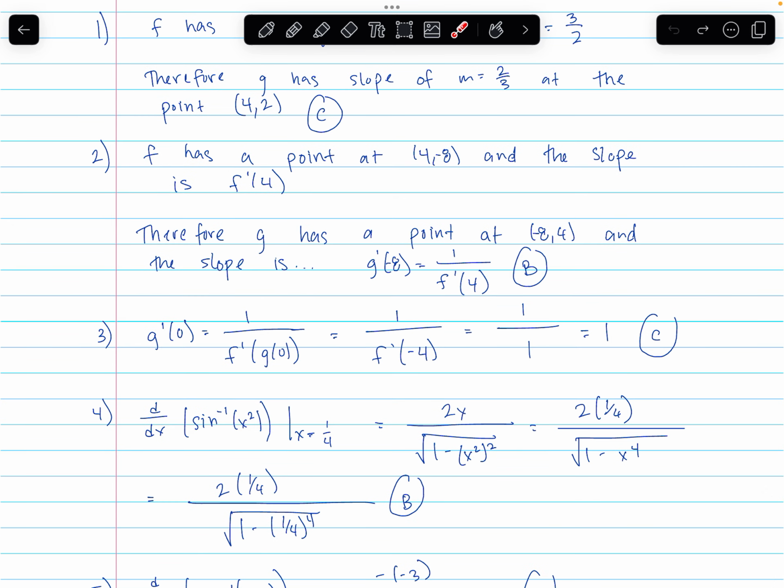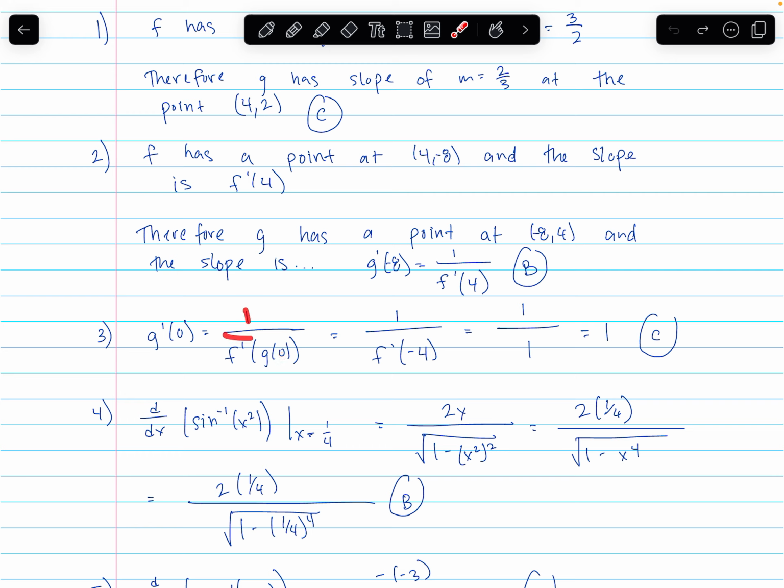For 3, we're given a table, and we're trying to find the correct expression for g prime of 0. So g prime of 0, we know that g is the inverse of f. If you remember that formula that we used in class, where we took the derivative of the inverse, that's equal to the derivative of the inverse function at 0.